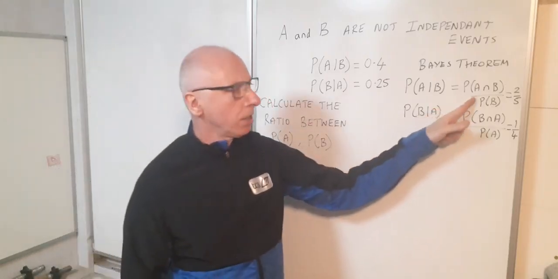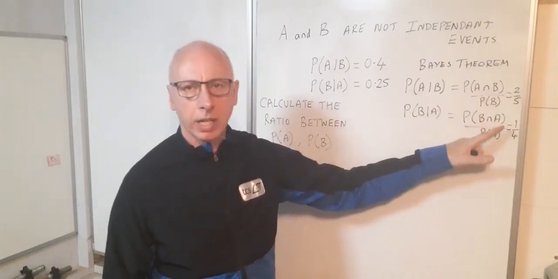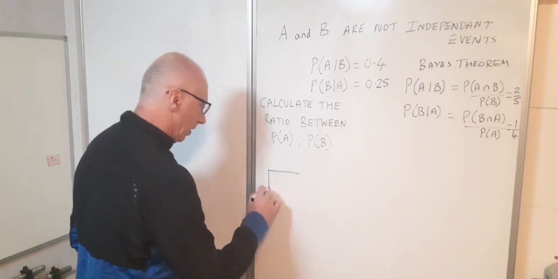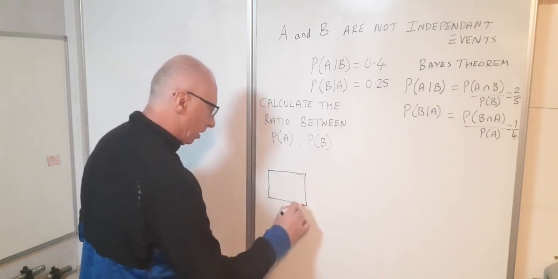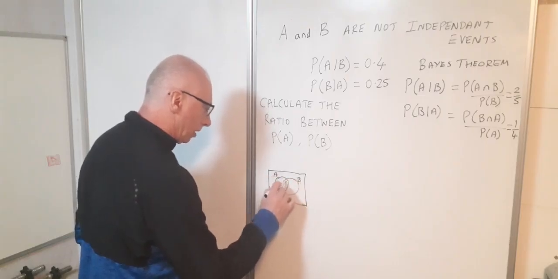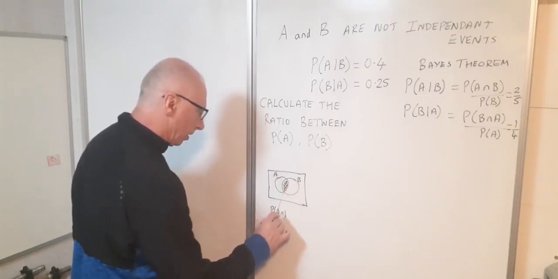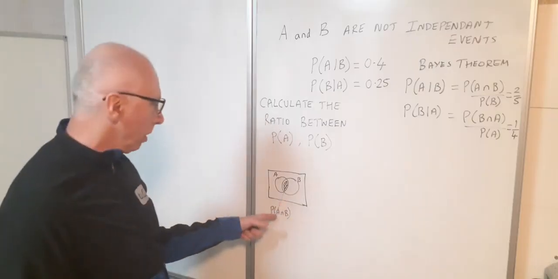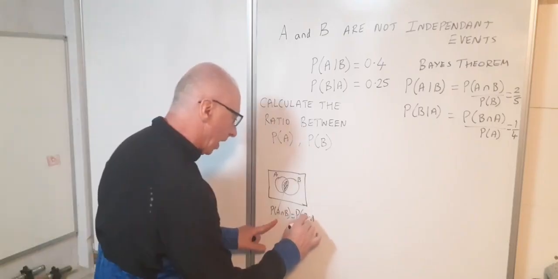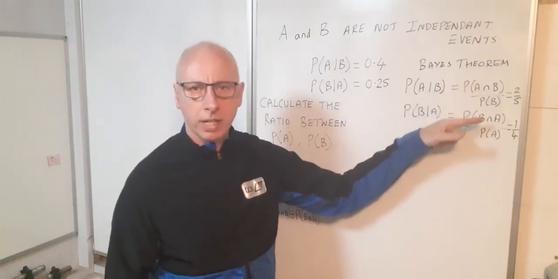Then I've got this intersection in the numerators, A intersection B and B intersection A. If I just draw a quick Venn diagram, with A and B here, this centrepiece is the probability of A intersection B, but it could also be read as B intersection A. So they are the same calculation and same value, so these two are equal.